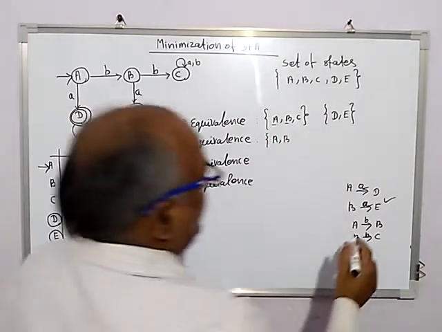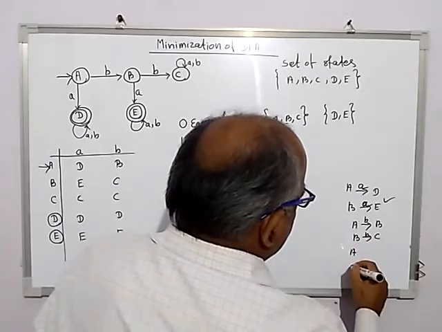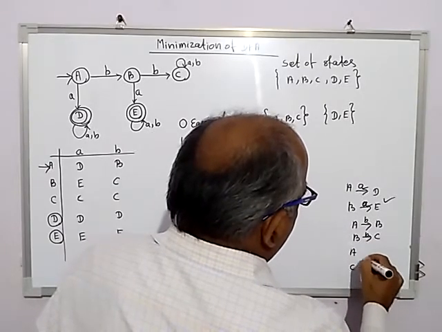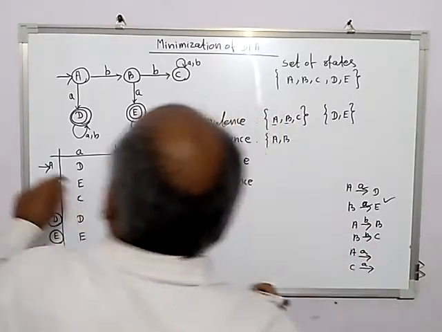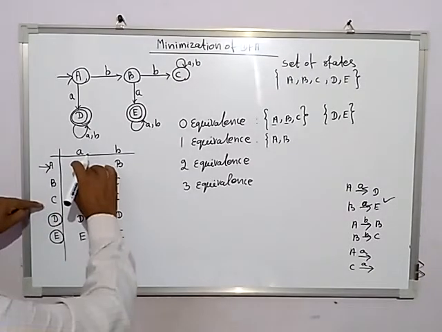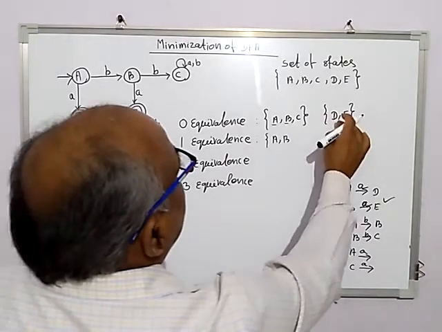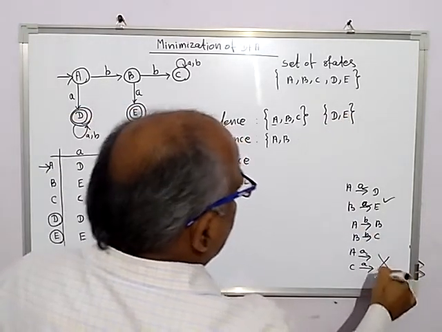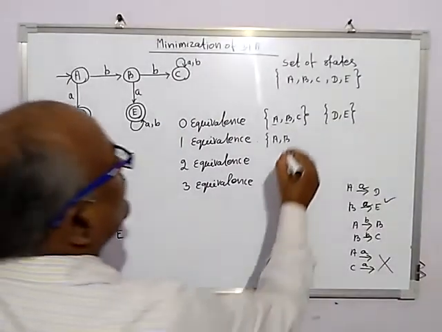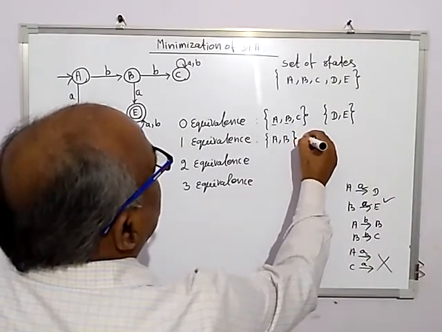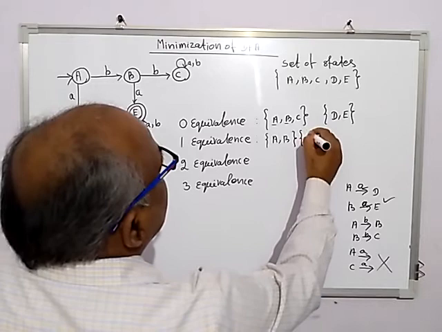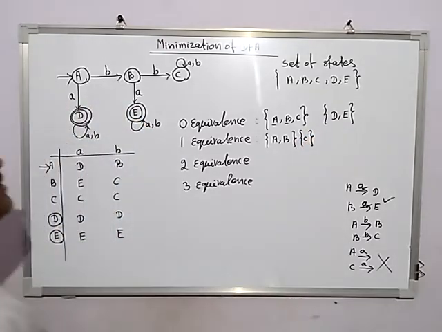We check A and C. For input A, the next states are D and C. C is in one set, D is in another. That's why A and C are not one equivalent, so C is a single state.